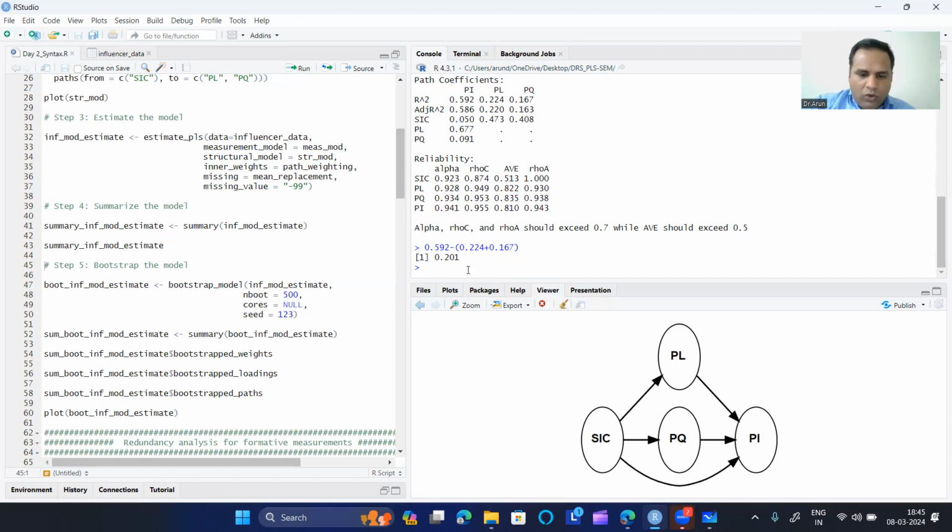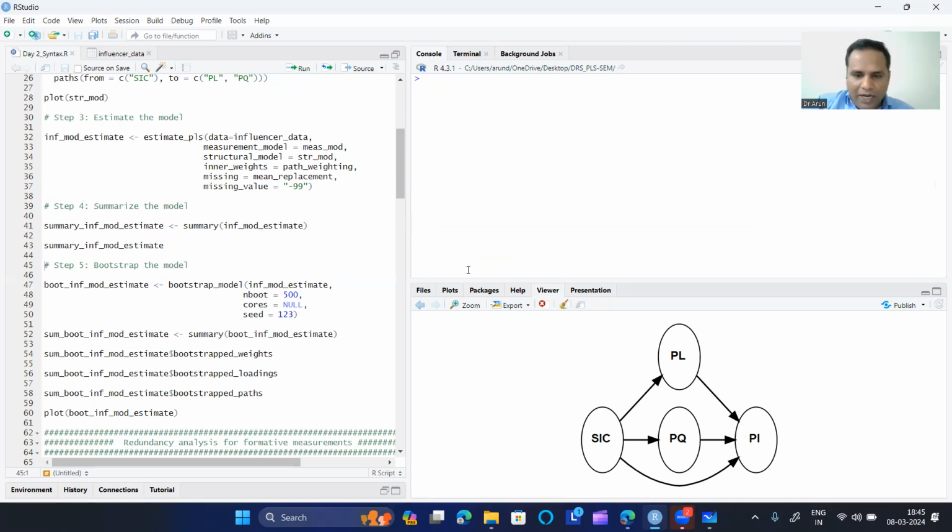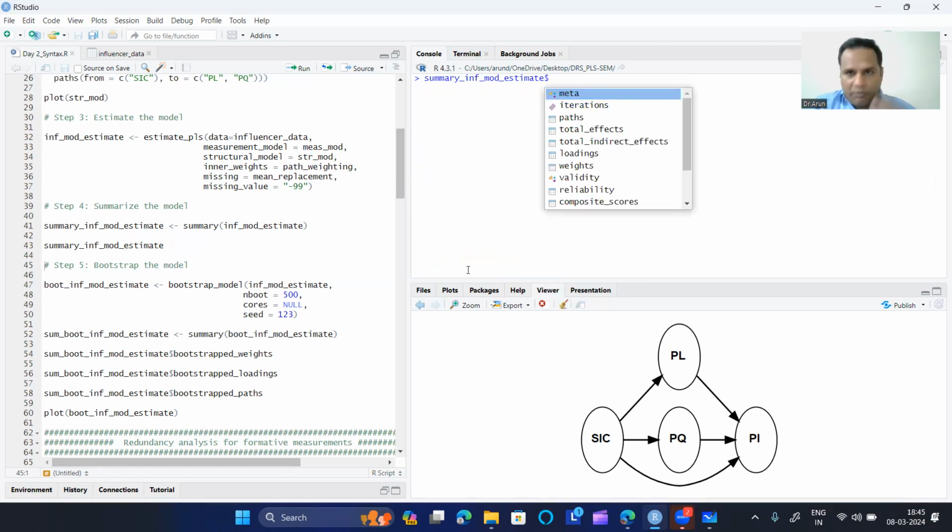Now you can go and test for discriminant validity for the reflective measured constructs. Again, for SIC, I am not seeing reliability, I am not seeing AVE. To establish convergent validity in a formatively measured construct, things are slightly different.